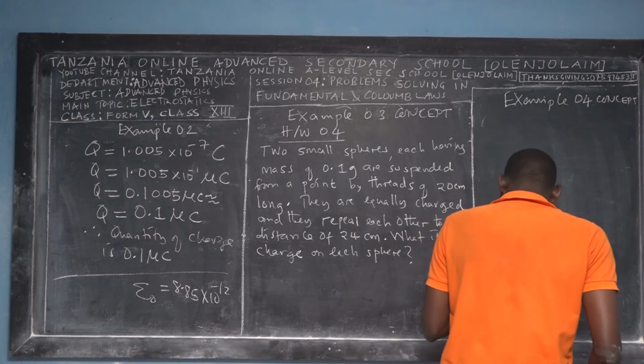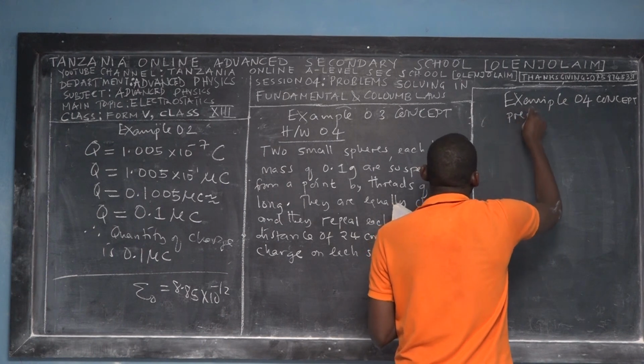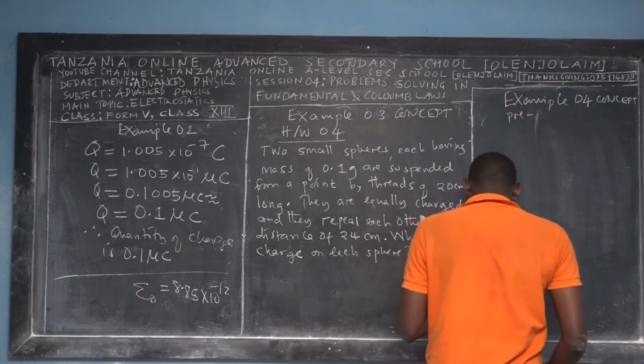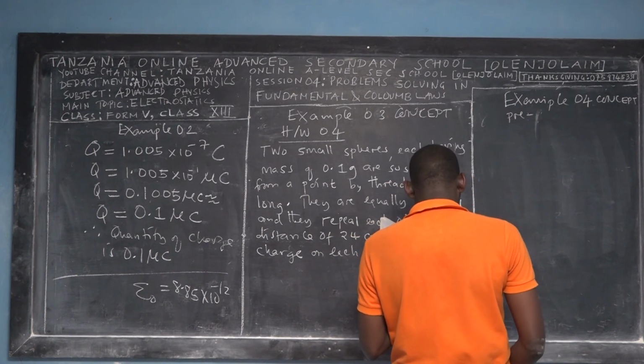The question, I took it from a past paper, because I told you that I'm using past papers, one of the reference materials that I told you in session 00, General Introduction to Physics, Advanced Physics for Form 5 and 6.